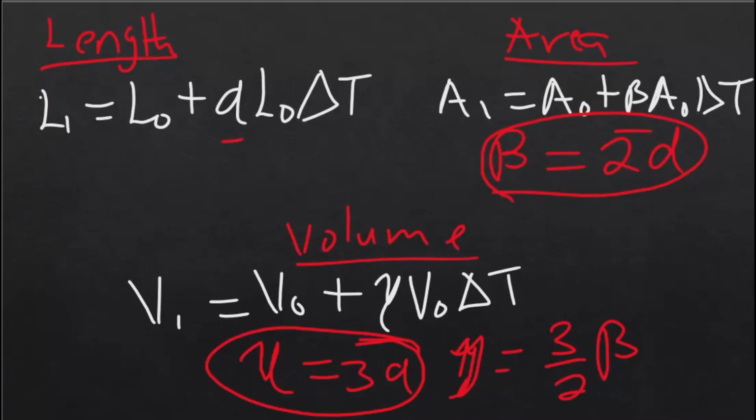In the previous video, we explored how temperature changes affect the dimensions or the properties of solids. And we used that to suggest that we can use solids to measure temperature by looking at the change in the properties of the solid and then casting that as a calibration to temperature.